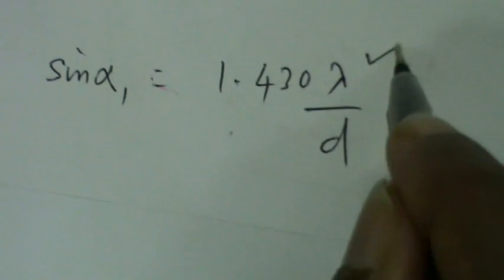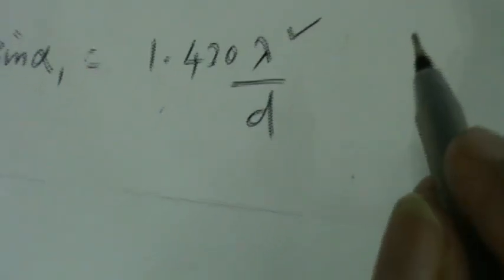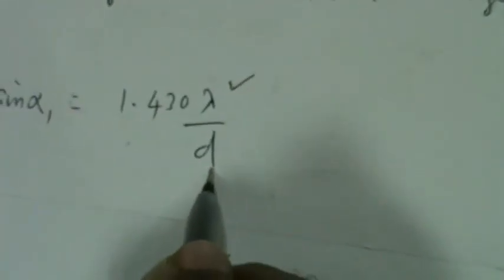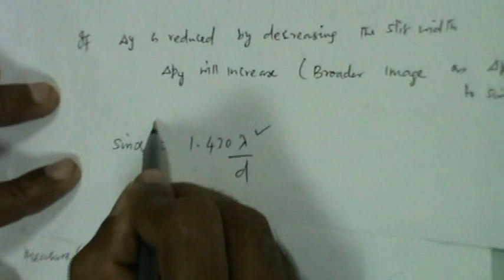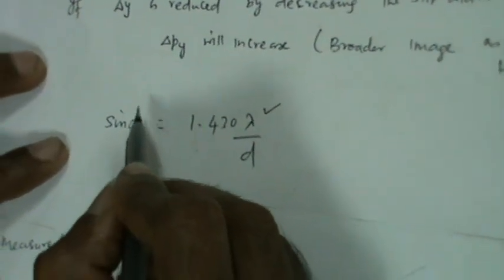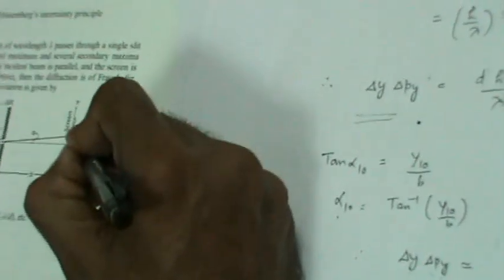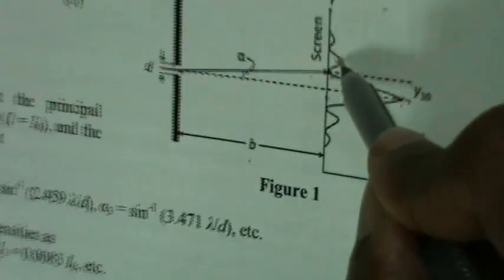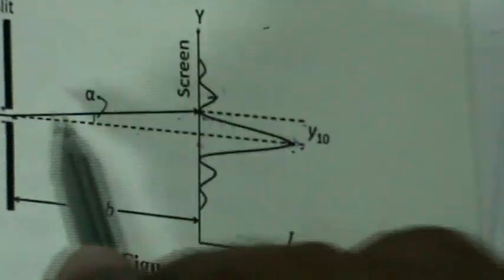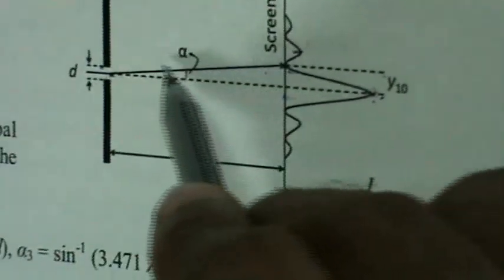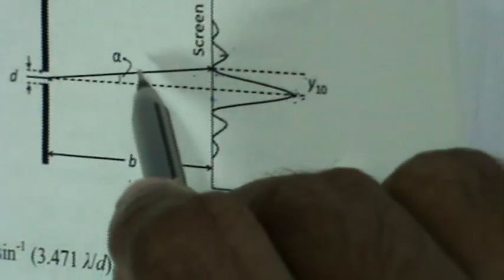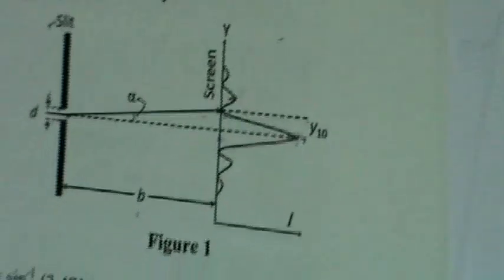Lambda is constant, 650 nanometer in our experiment, and if I decrease the value of d, the left hand side alpha value will increase. So if alpha increases, the first minimum will not appear at this point, the pattern will be more broad, and you get the angle of deviation to be more, keeping other parameters fixed.